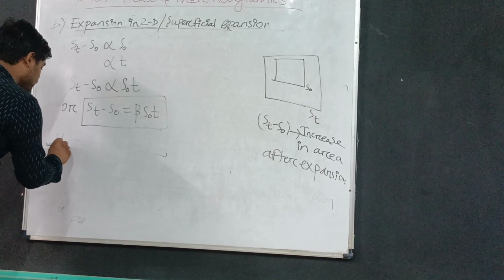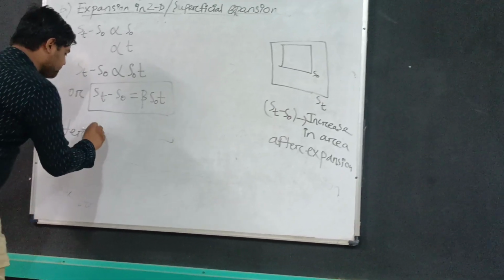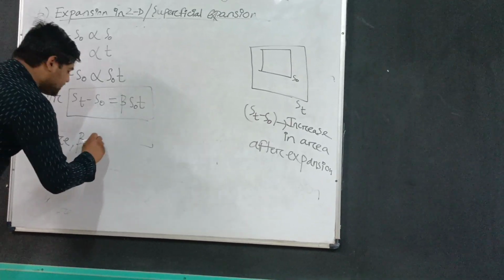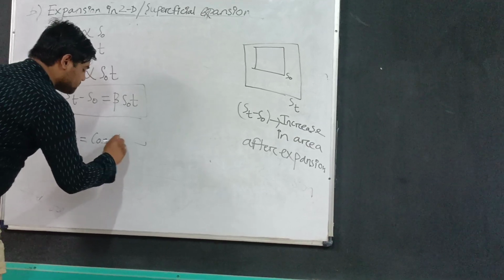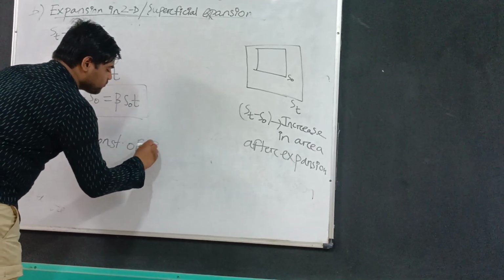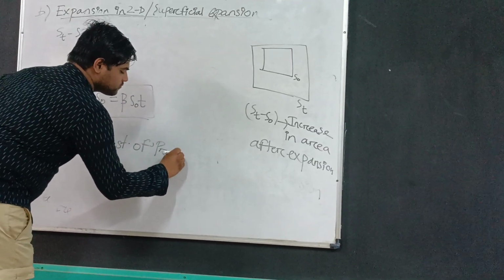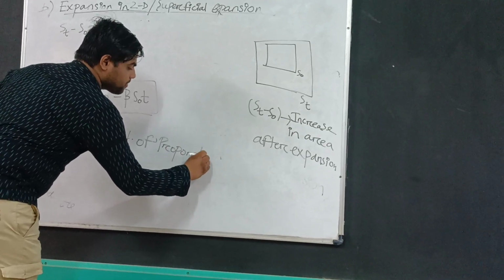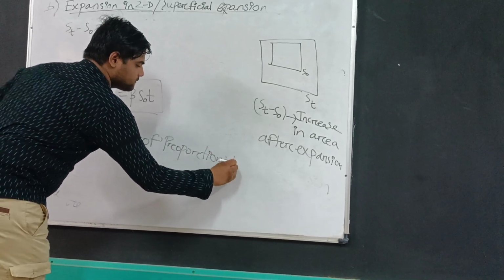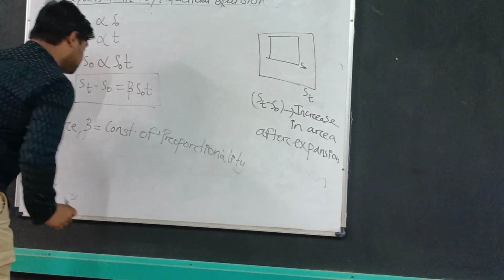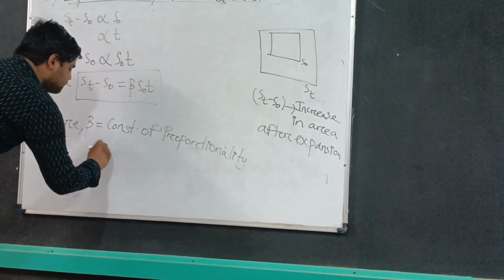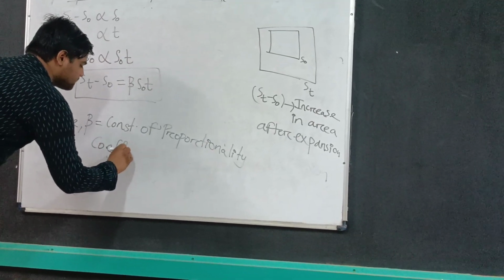Here, beta is the constant of proportionality, which is known as the coefficient of superficial expansion.